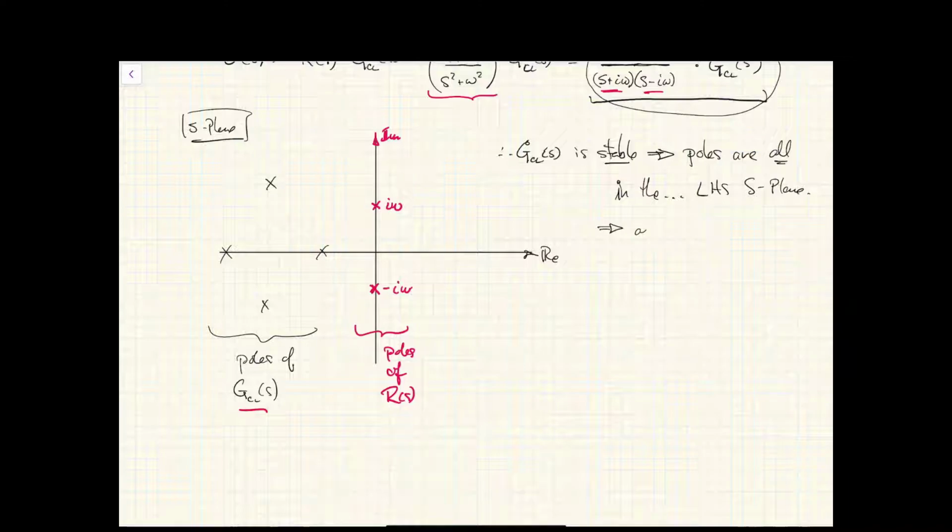So all the response of E of S, closed loop here, will die off if I wait long enough.